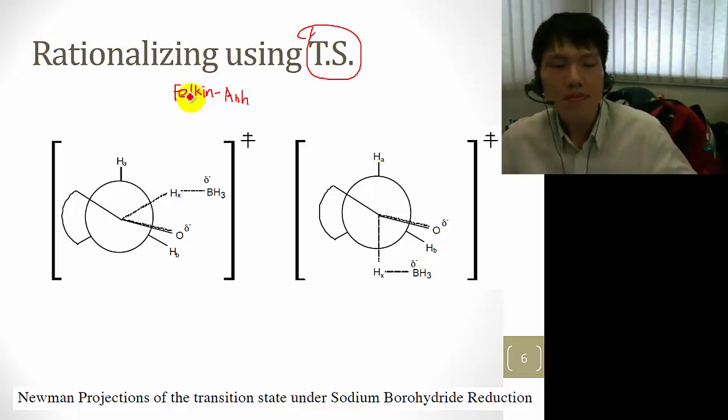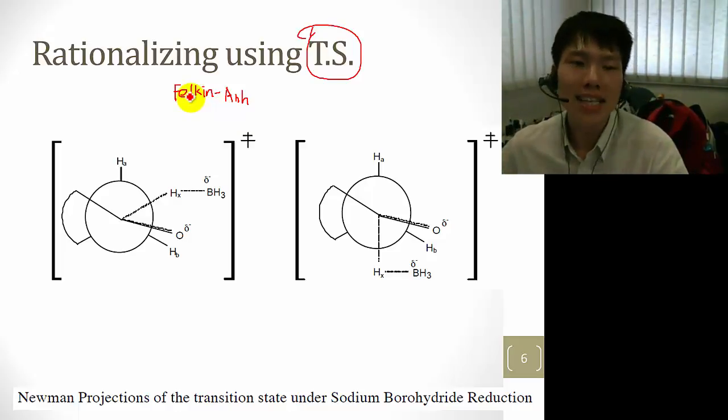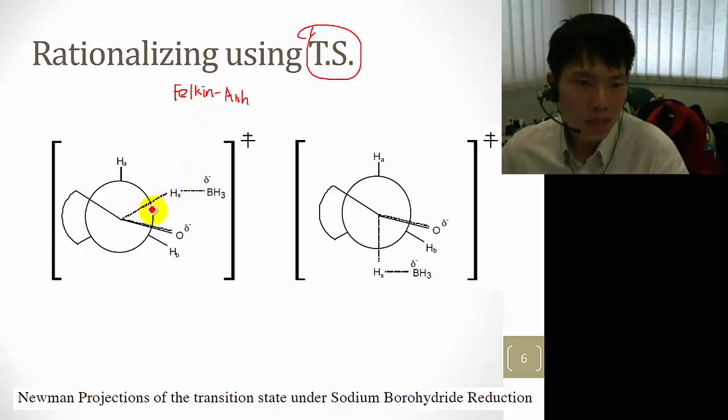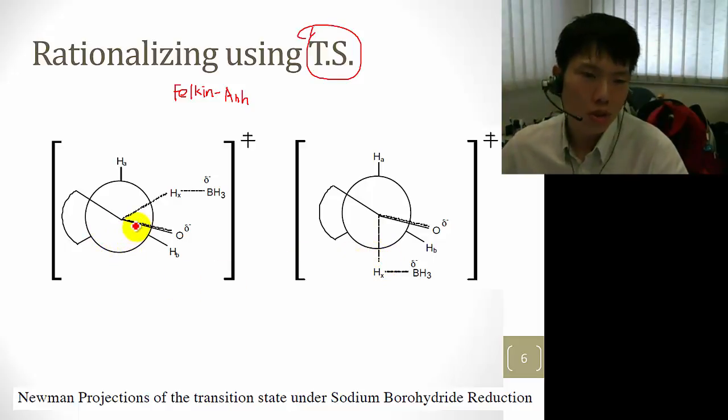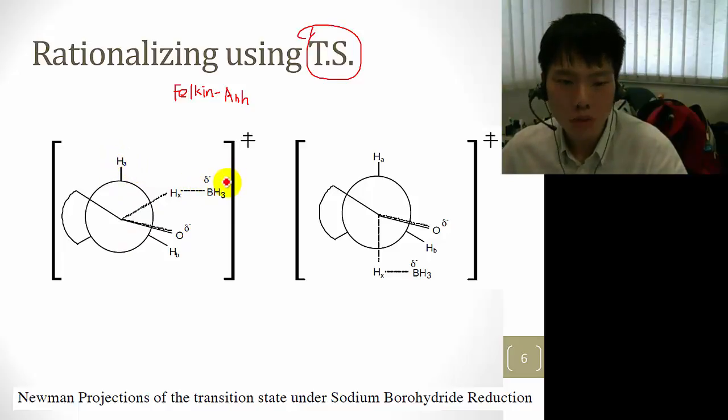Trigonal planar, and the borohydride can come in from two ways. First, from this angle, the equatorial delivery, or on the right, the axial delivery. Now see that these Newman projections show two different environments of how the hydride equivalent is going to come in.